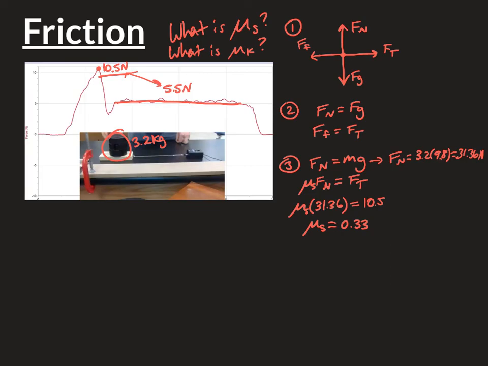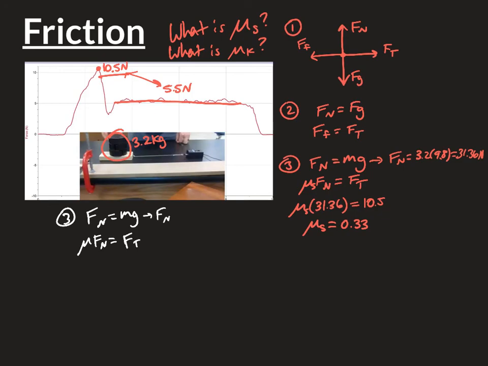What about the kinetic friction coefficient? What changes? Well, if I'm looking at kinetic, then let's start with step 3 again, because the equations don't change, because if I'm pulling at a constant velocity, then still left equals right, up equals down.